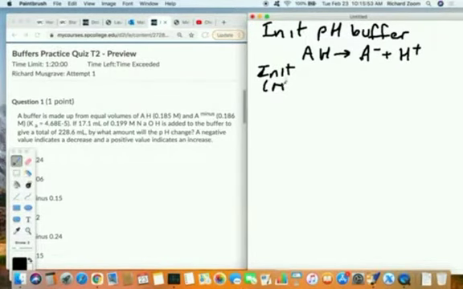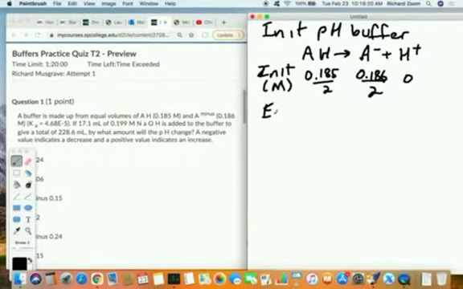So the initial molarity is what we're dealing with first. That's going to be 0.185 over 2 and 0.186 over 2, and then 0 on the H plus.